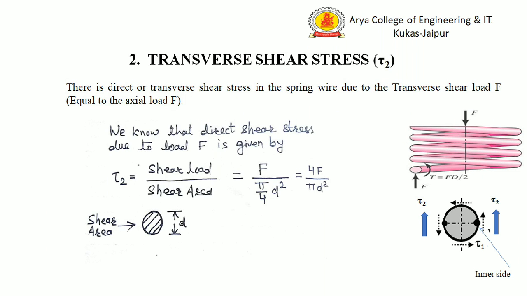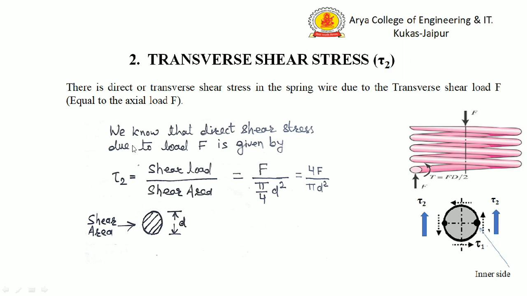The second major stress is the transverse shear stress. As we discussed earlier, to balance this axial force, an equal and opposite force F is produced at the section. Basically this force is the tangential force for this section and it produces a transverse shear stress tau 2.